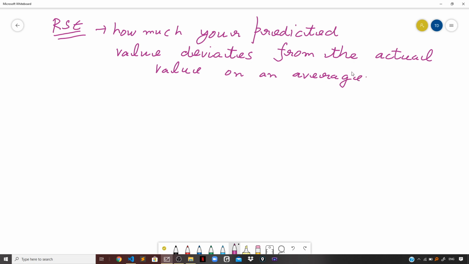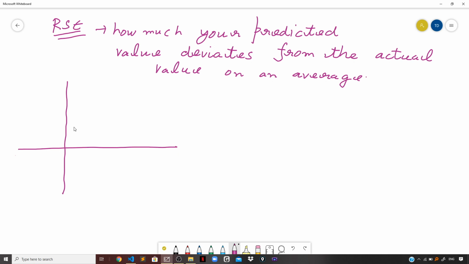Let me explain this using a scatter plot, as we learned about the concept of residuals in our previous videos. Here you can see that we had a predicted value y cap corresponding to a certain value of x.